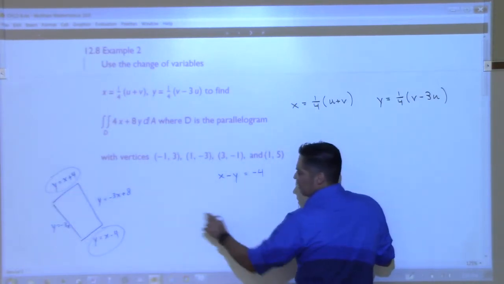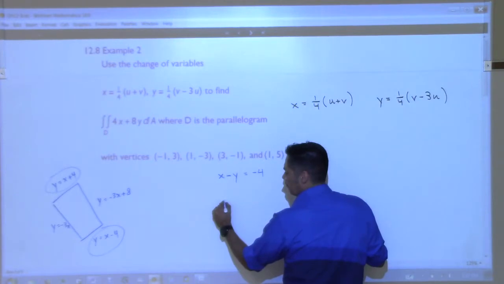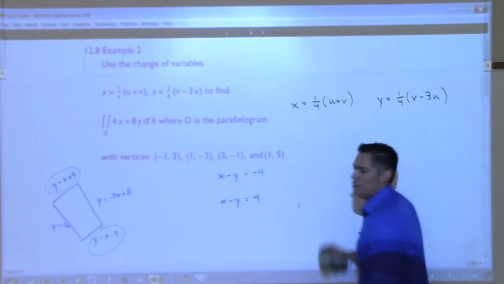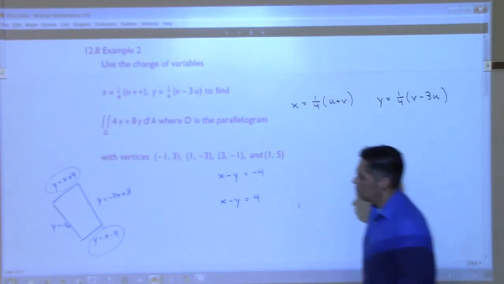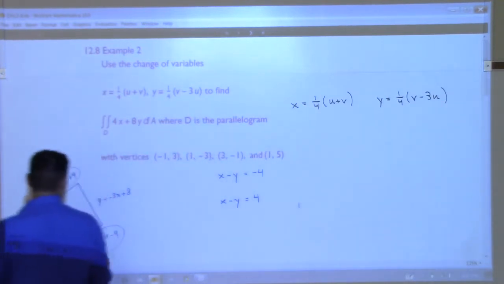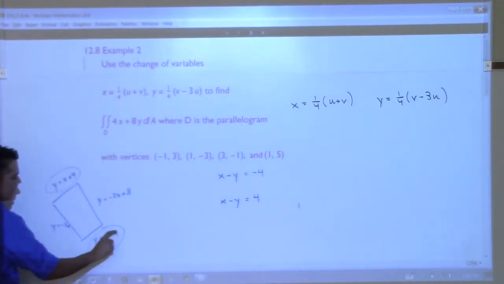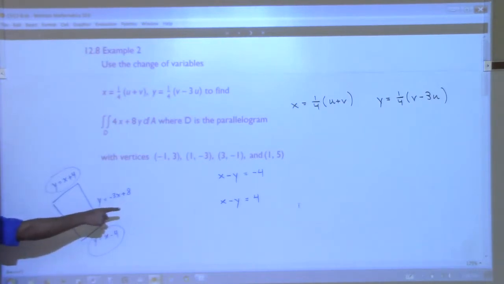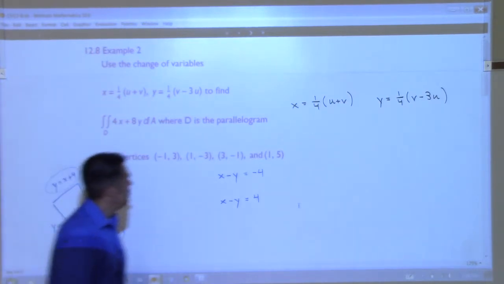And then that one would become what? X plus y equals 4. Wait, no, I'm moving the y to this side, I'm moving this 4 to this side. So that's okay?